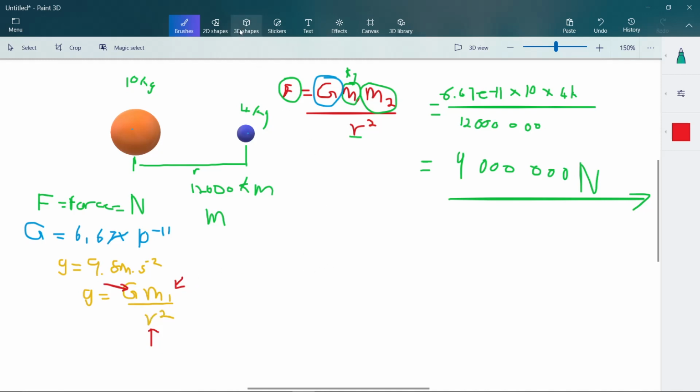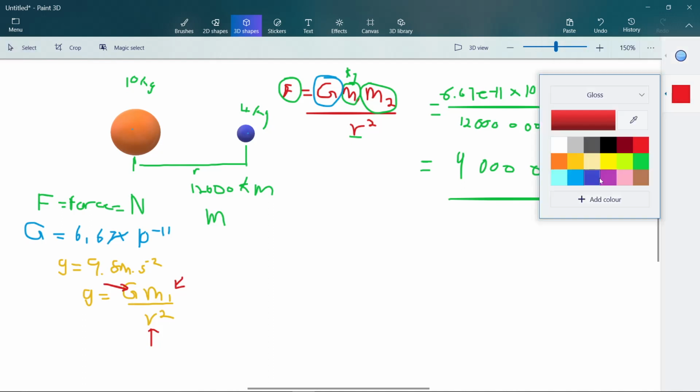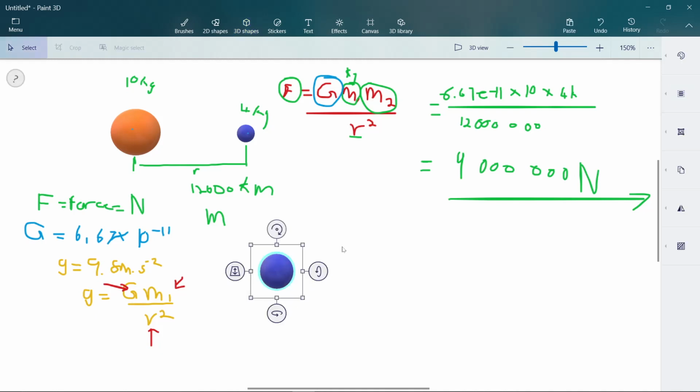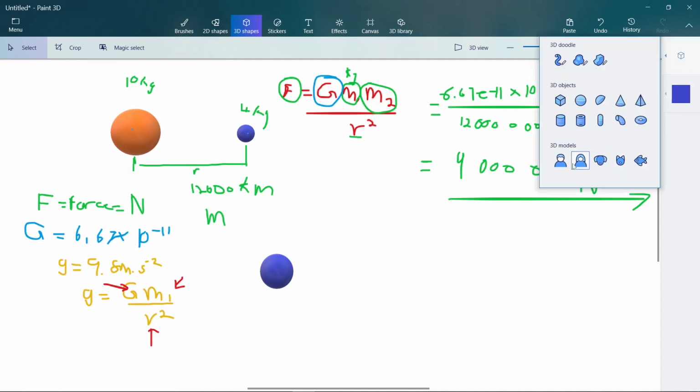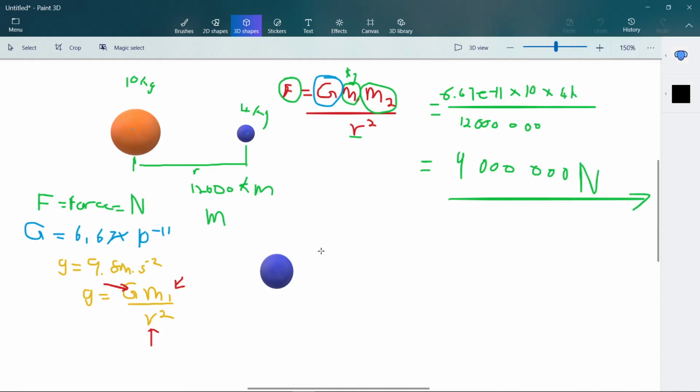So let's say we had our planet Earth. Okay, it's kind of blue. Let's say this is our Earth, and somewhere in space we had an astronaut. Okay, we had an astronaut in black. So that's our astronaut.